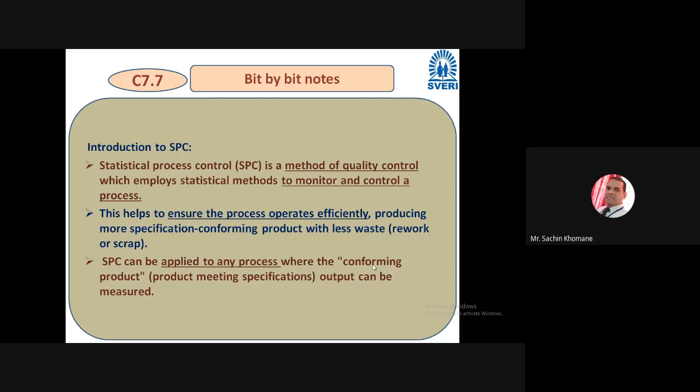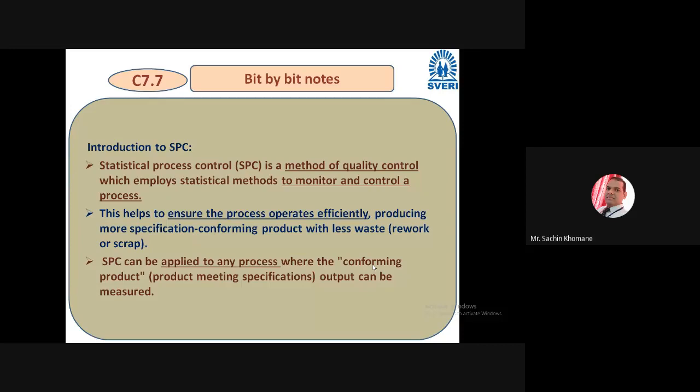And you are controlling it. So what is its effect? Rework will not occur, because whatever you are producing is a correct product as per the specification. Then rework will not be there, and ultimately scrap will not be there. So for that purpose, this tool is very useful.